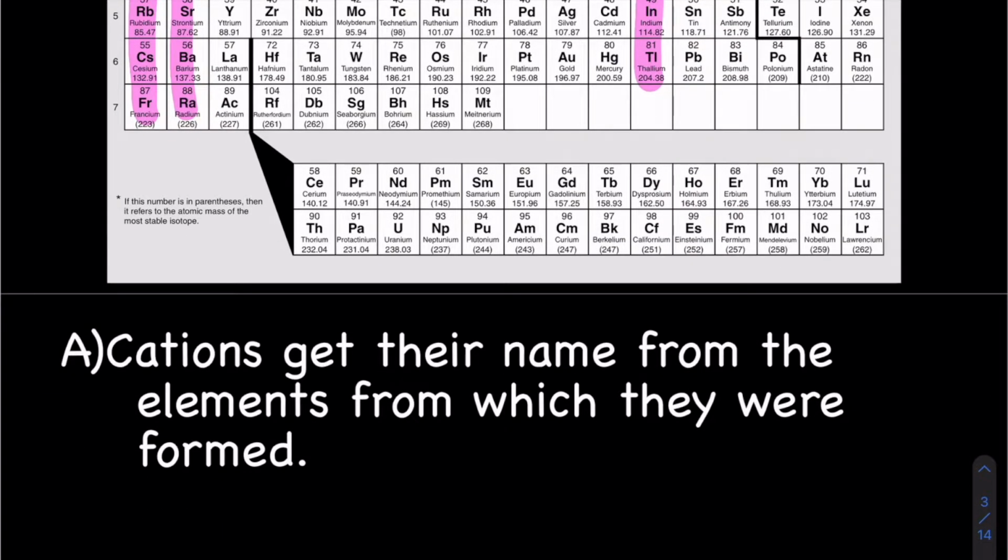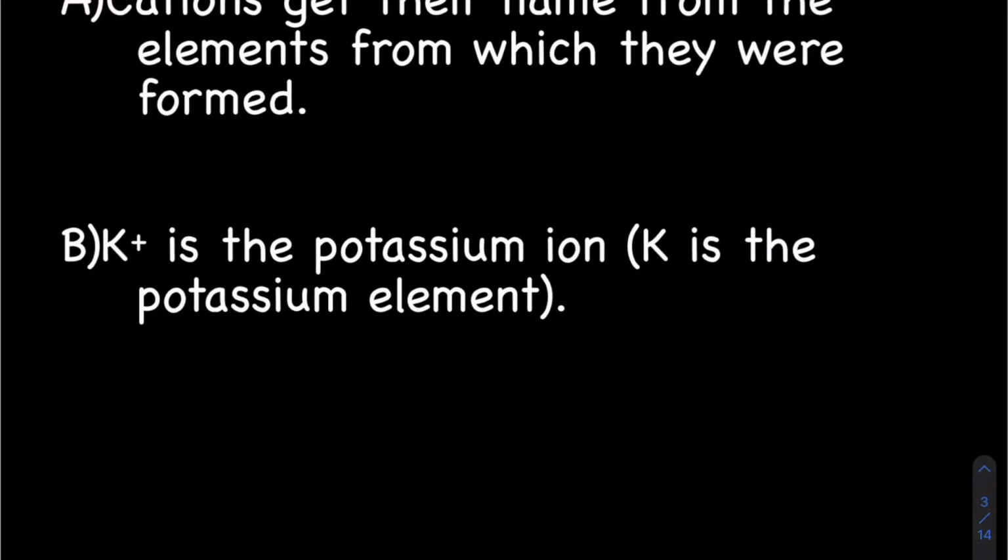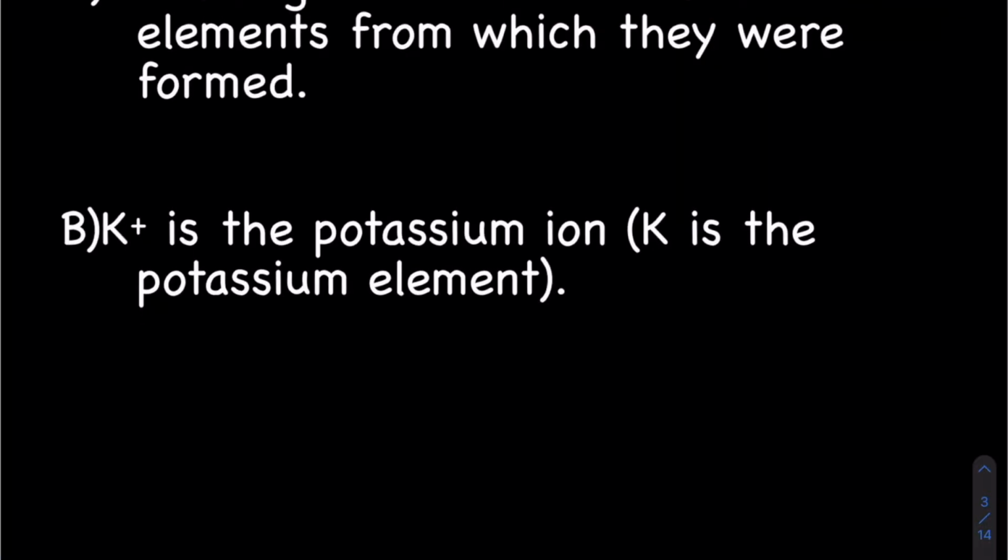So these are super easy to name. So cations get their name from the elements from which they were formed. I mean, that's really it. So for example, K plus is the potassium ion, and K is the potassium element or atom.